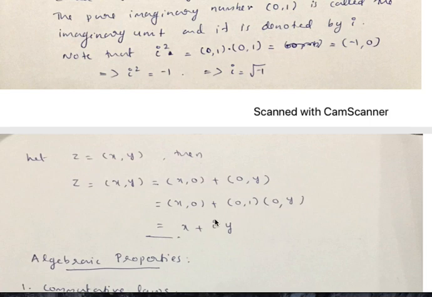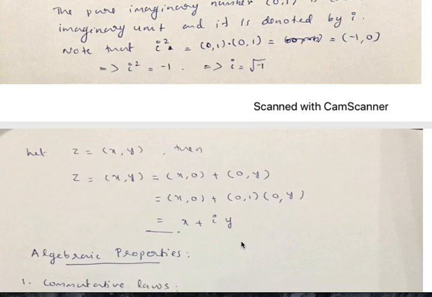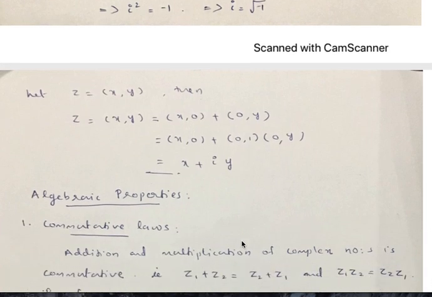When you use the definition of product of two complex numbers, you get this product to be (0, y). Now (0, 1) is our i, and (x, 0) is identified with the number x, and (y, 0) is identified with the number y. So this is nothing but x plus iy. So these two definitions, x plus iy or ordered pair (x, y), are both compatible with each other.